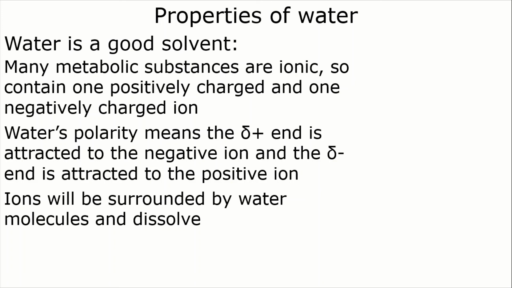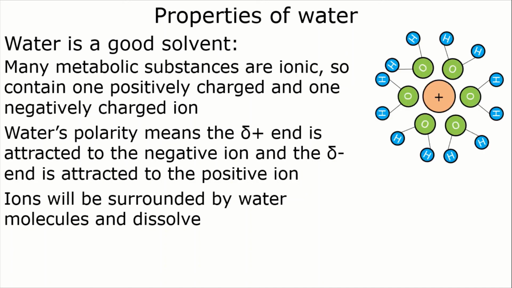If you look at the right-hand side of the screen, I've got some examples of how water would surround these ions. Here, in our peachy orange colour, we've got a positive ion. The oxygen atoms with their slight negative charge are attracted to this positive ion, so they will surround it, and you get this almost hexagonal looking structure.